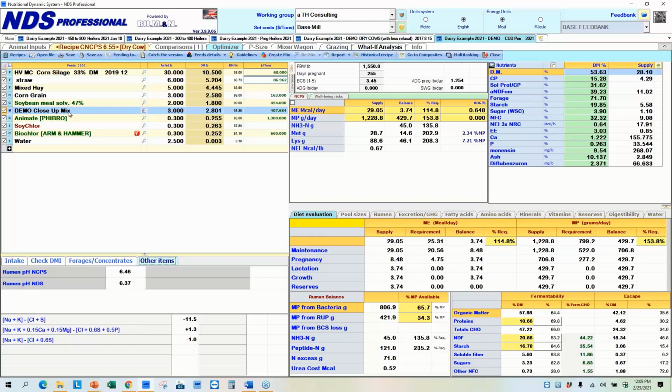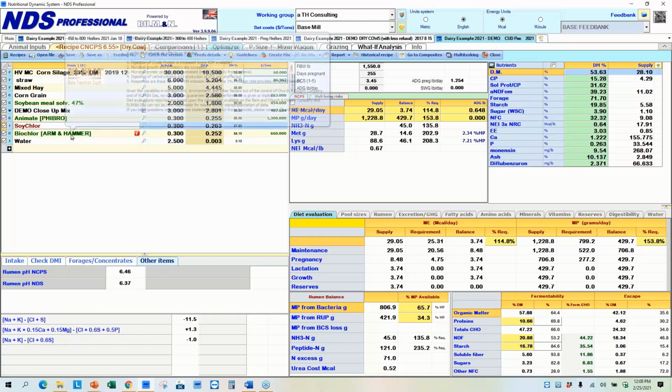DCAD, and to be politically correct, I went and grabbed 3 products from 3 friends and stuck that in there so I didn't have to worry about what I was feeding. So I've got a minus 11 here. And in reality, if this is a far off dry cow, I probably wouldn't be doing that.